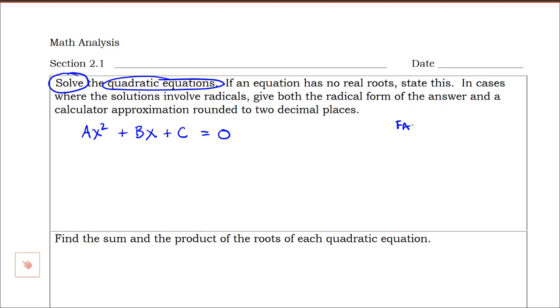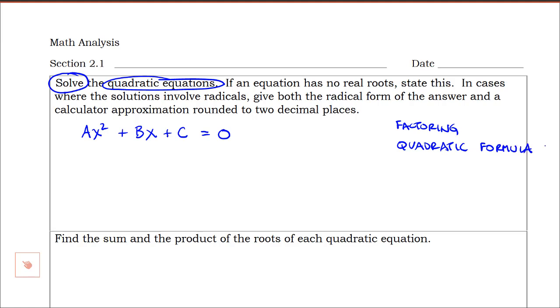Factoring, quadratic formula. Now, let's sound educated. The problem is the quadratic equation that we're solving, right?